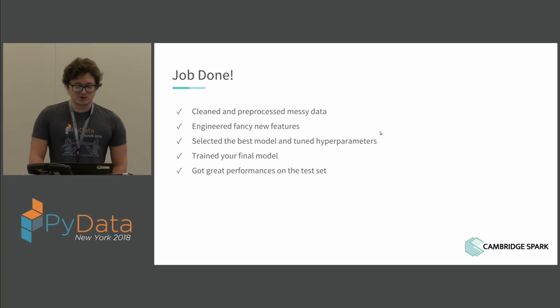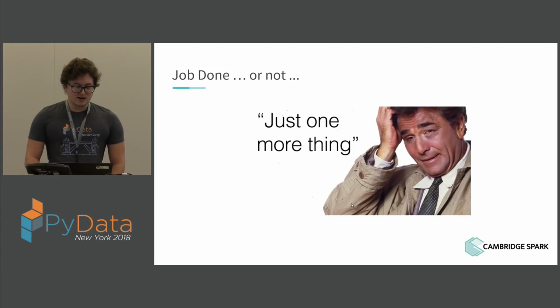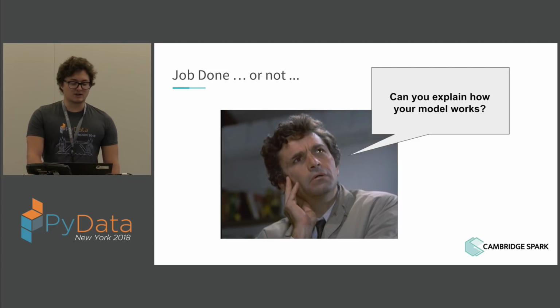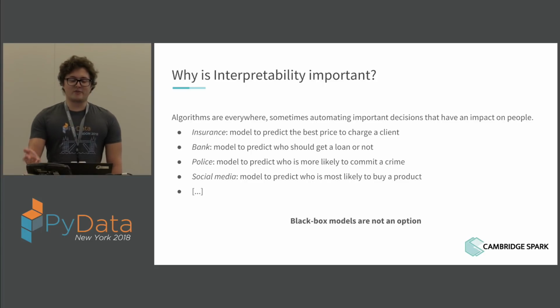You selected the best models, you've tuned it, you've trained it, you got great performance, and you're really happy with what you've done. But then your boss comes to you and asks, can you explain how your model works and why it takes those decisions? And that's something that is more and more happening.